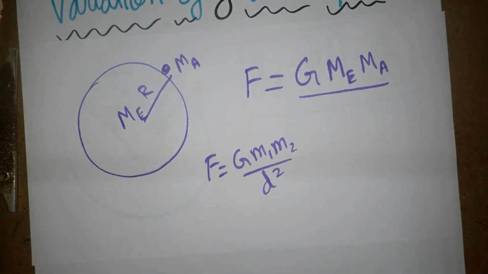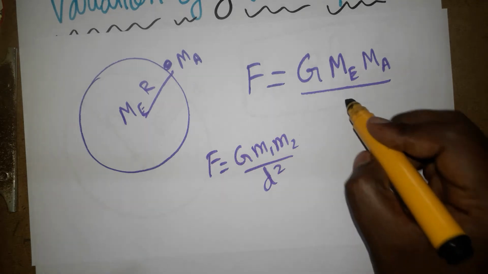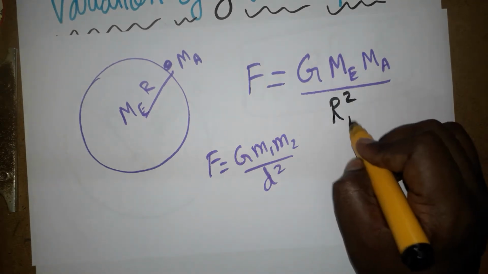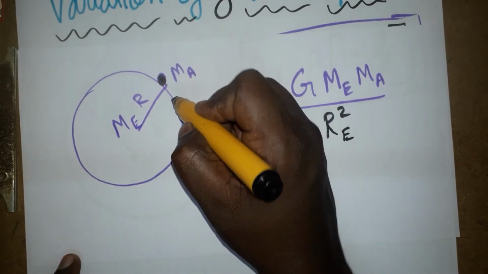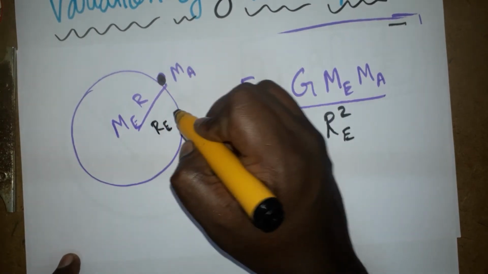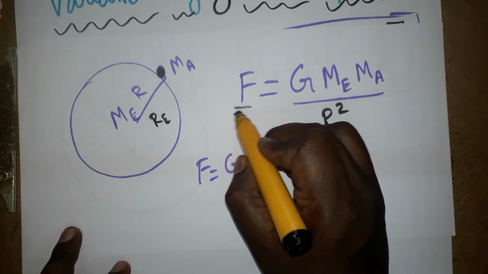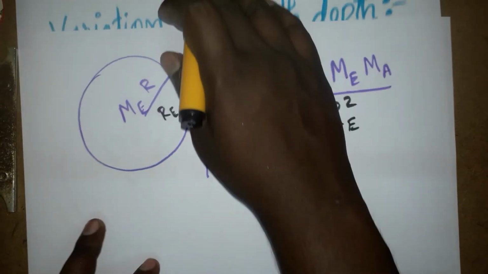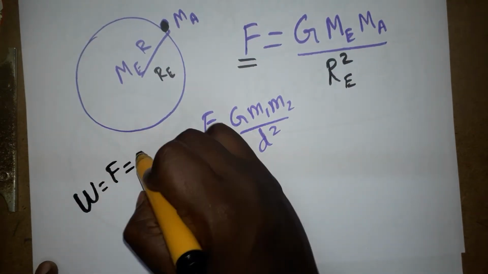Here I am not going to write d square, it is going to be written as R square, the radius of the earth, because the apple's distance is negligible, so I consider only the radius of the earth, which is 6400 kilometer. Here the force is the weight of the apple. So weight is equal to force is equal to mg.